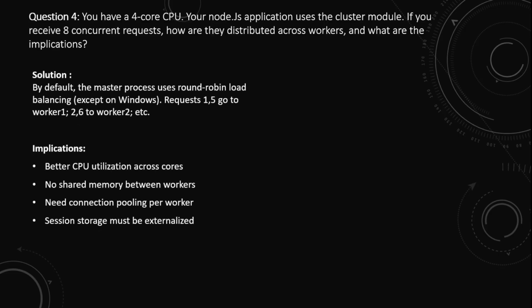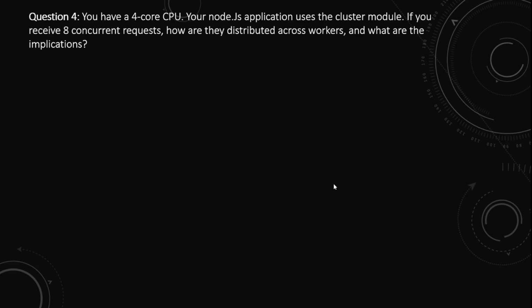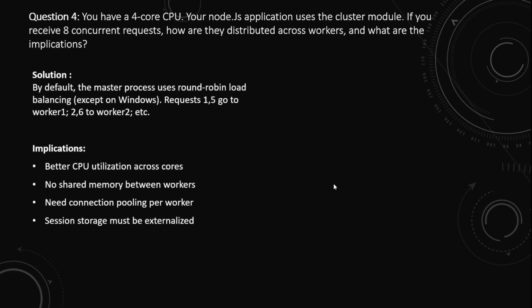So to understand this, the catch is that the master process by default uses the round robin strategy for load balancing of the concurrent requests.